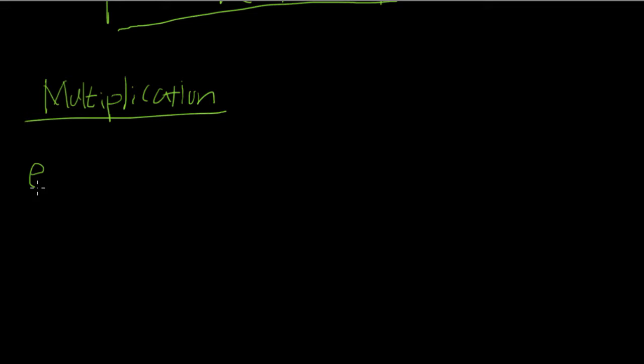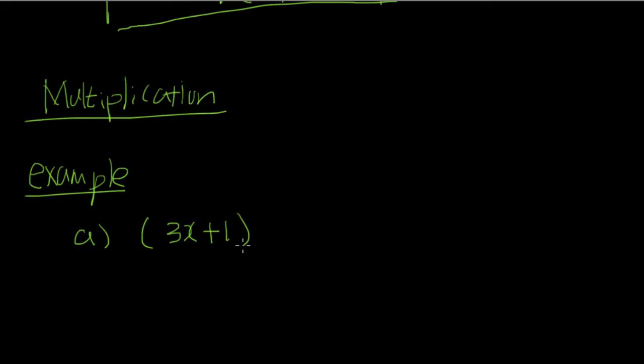Let's do an example. Let's say we have two polynomials, say 3x plus 1 multiplied by another polynomial, 2x minus 3.